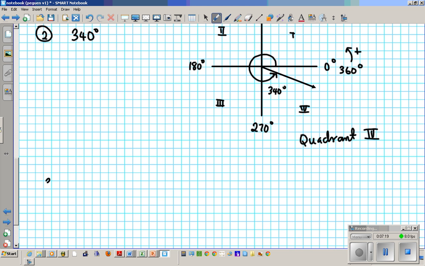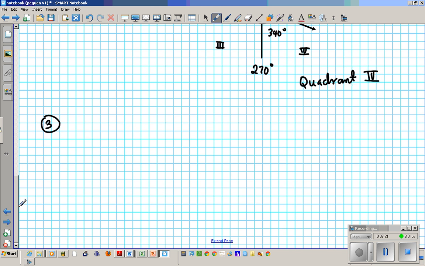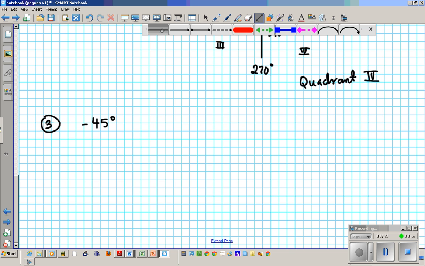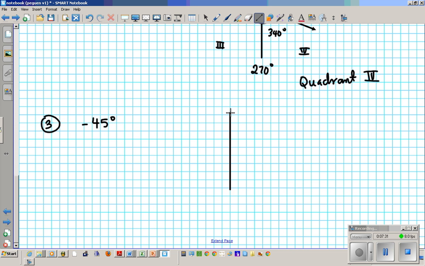Negative 45 degrees. Alright, so we're doing a negative angle this time. So we're going to start out by making a coordinate system like this. So 0 degrees, up or down?